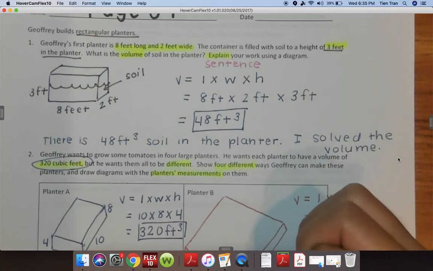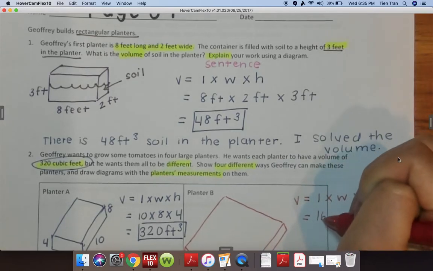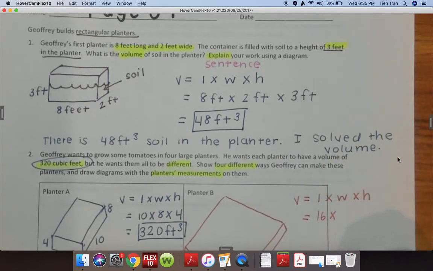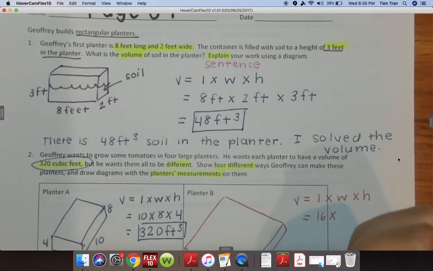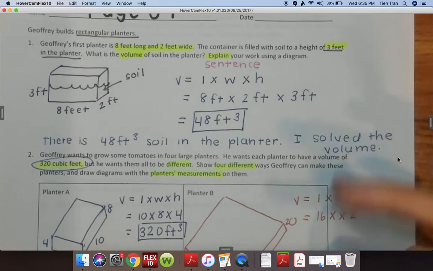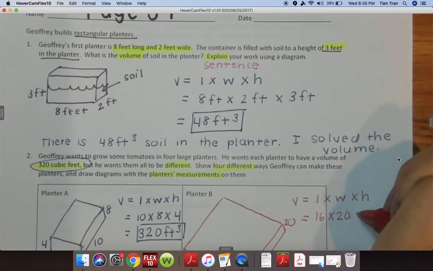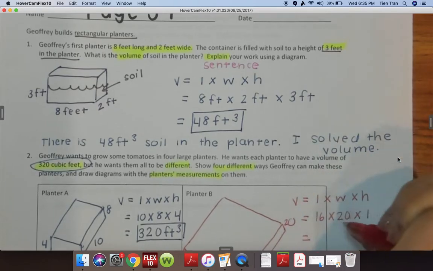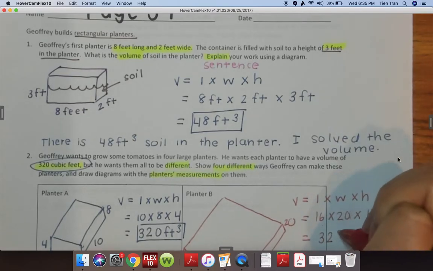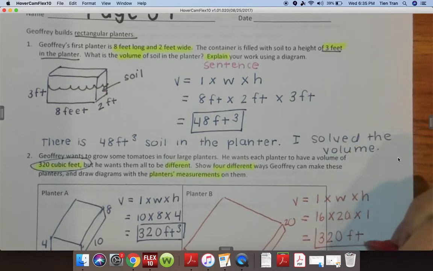So it is 16. My width is how wide something is. In this case, it is going to be 20. And then my height is going to be 1 foot. So 16 times 20 times 1 is going to give me 320 feet. So my 1 can go right here.